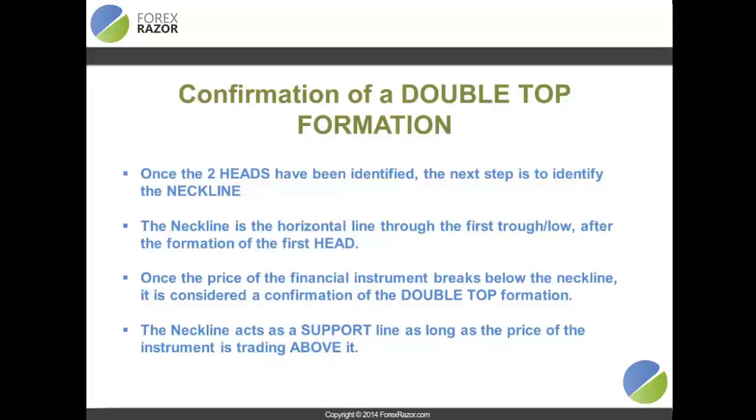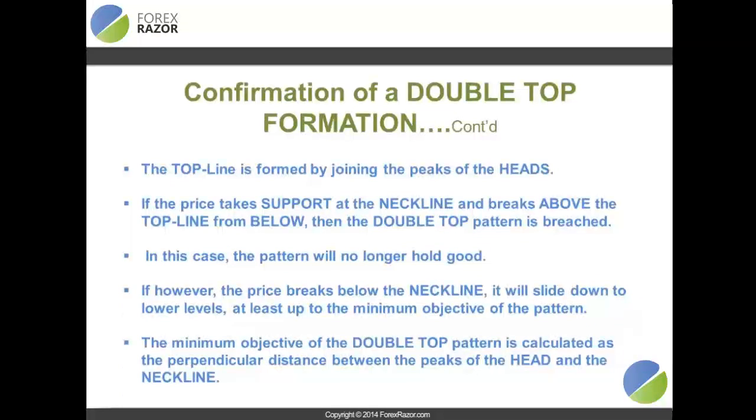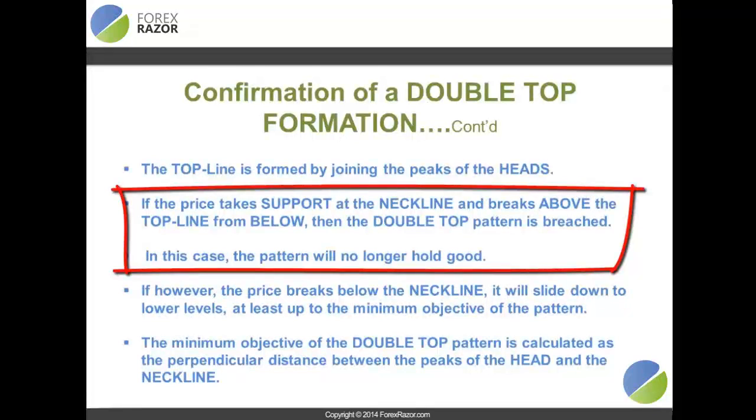The neckline acts as a support line as long as the price of the instrument is trading above it. The top line is formed by joining the peaks of the heads. If the price takes support at the neckline and breaks above the top line from below, then the double top pattern is said to have been breached and will no longer hold good.